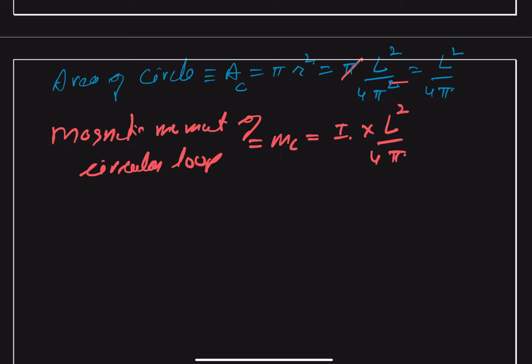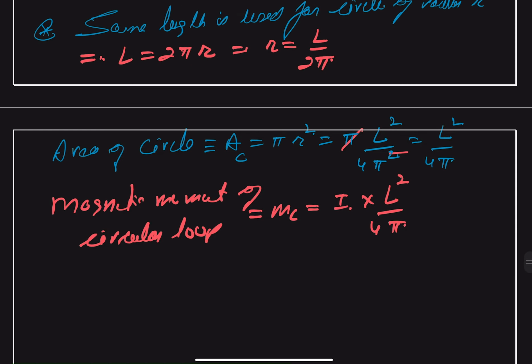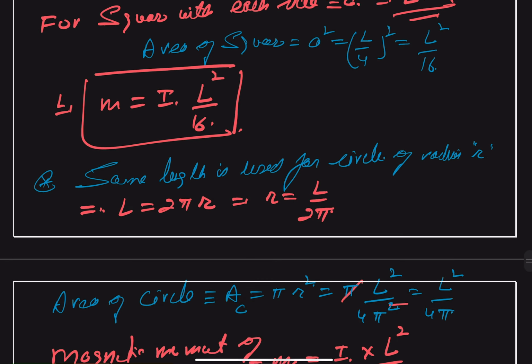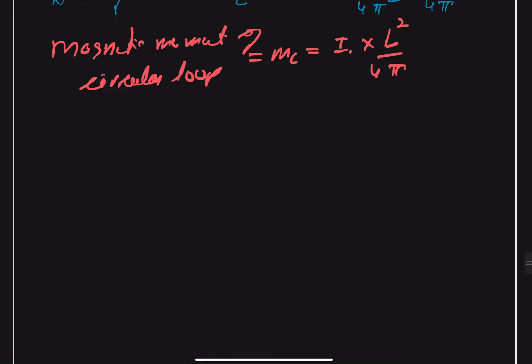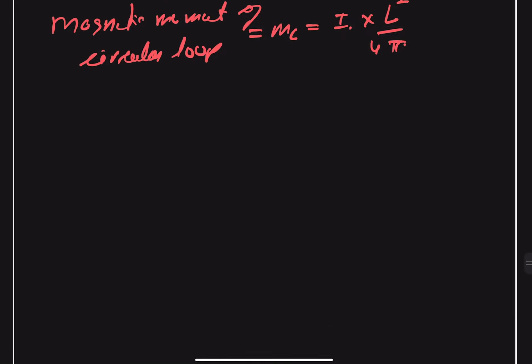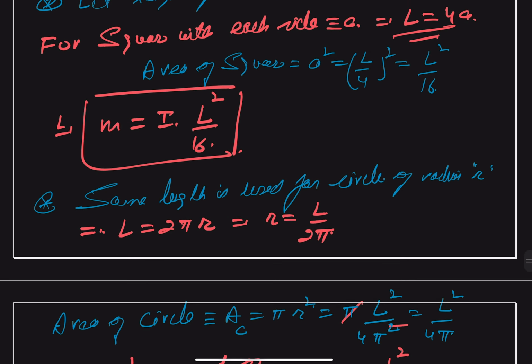Now we can simply make a comparison that our moment of square is our I L square upon 16. So let us find out the ratio. You can say that our moment of circle and moment of square, and let me write this as MC upon M square.